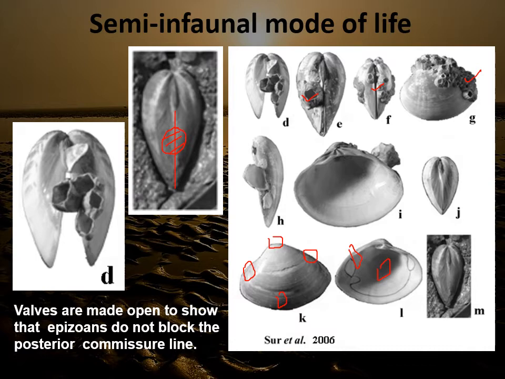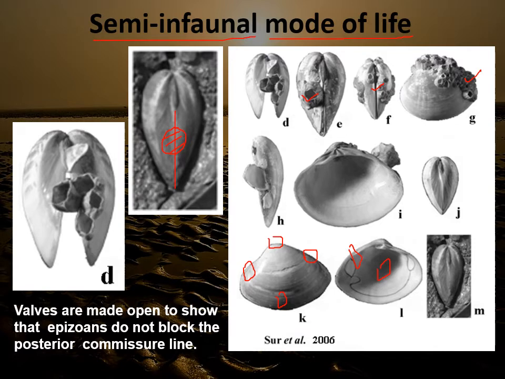Now, when we have to make any comment about the mode of life of the bivalve, only when you get these kinds of epizoan attachment on the posterior side of the bivalve, then only one can tell about the semi-infaunal mode of life.